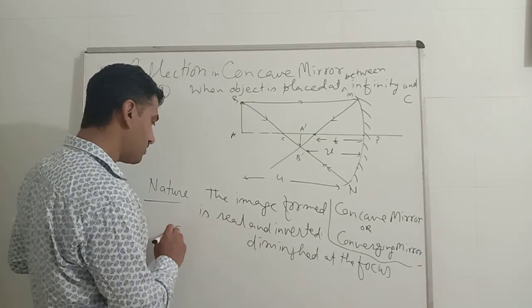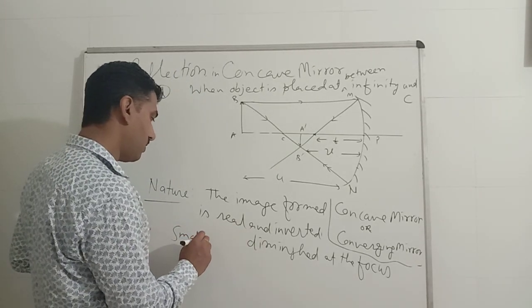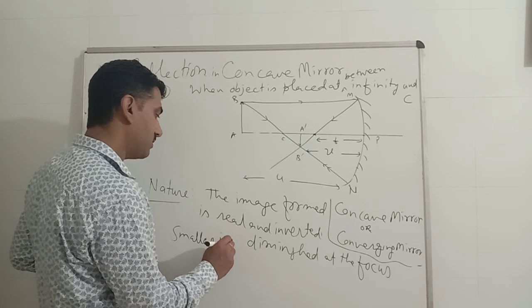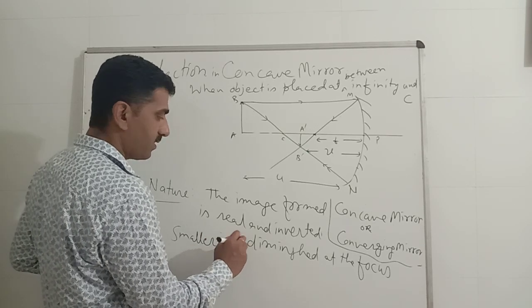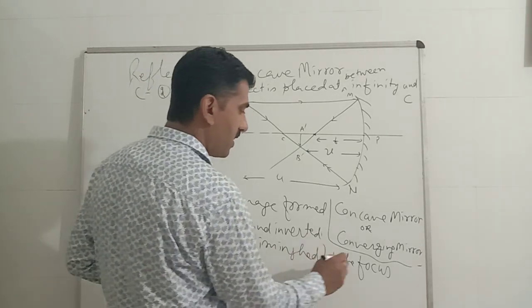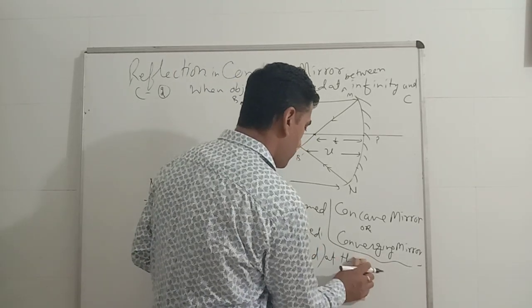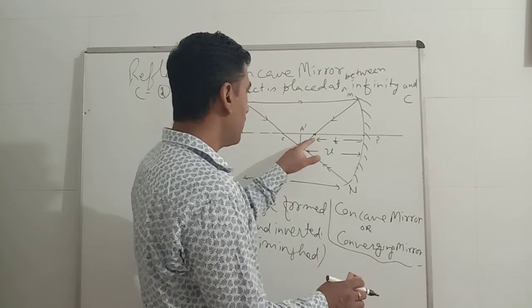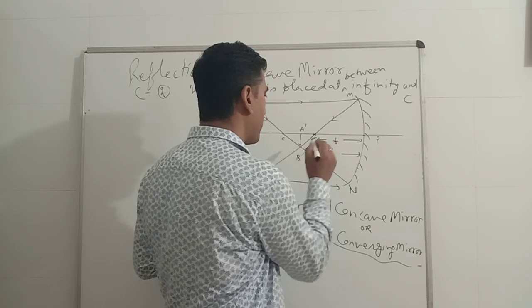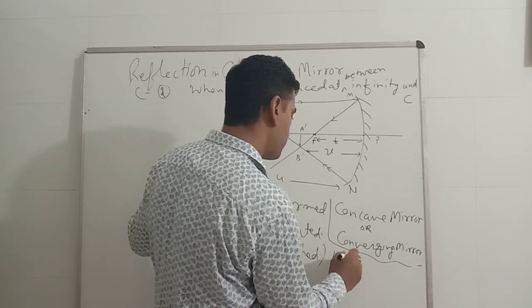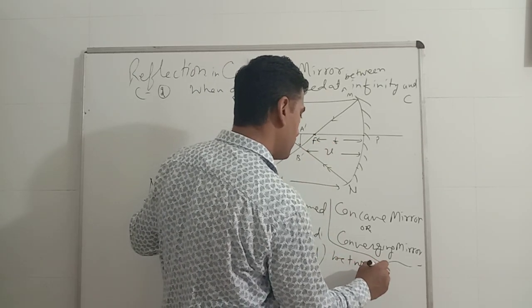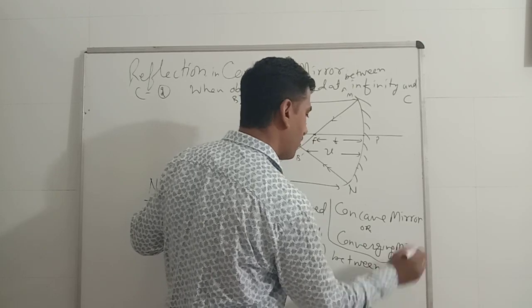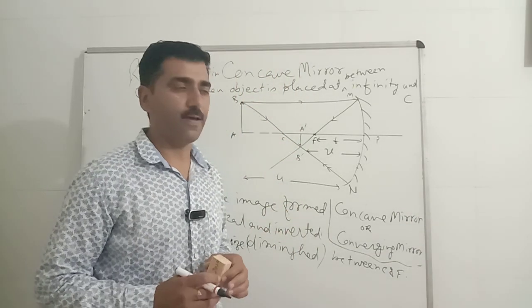Diminished means smaller in size. We can write diminished, at where? Between the focus and the center of curvature, between C and F.